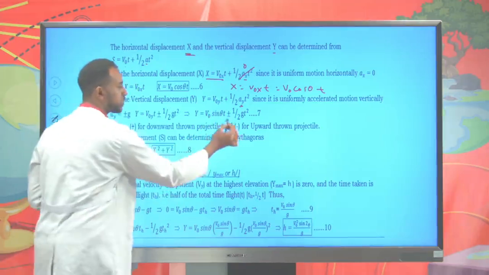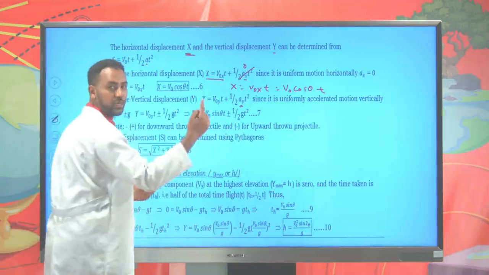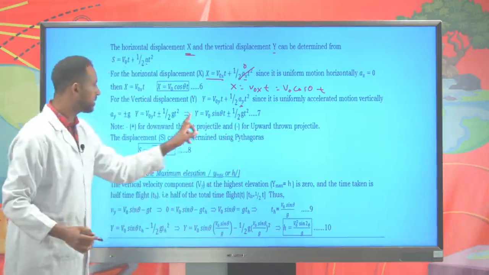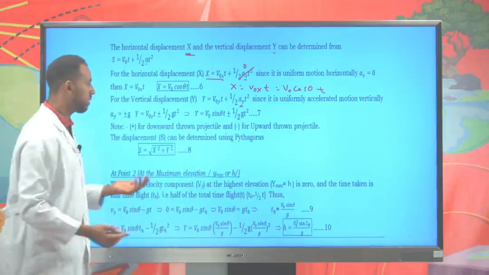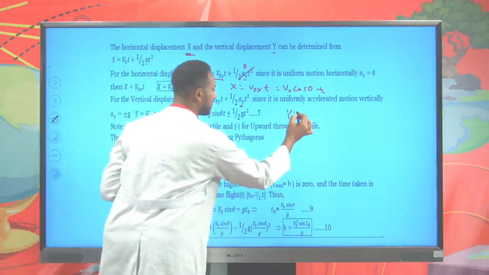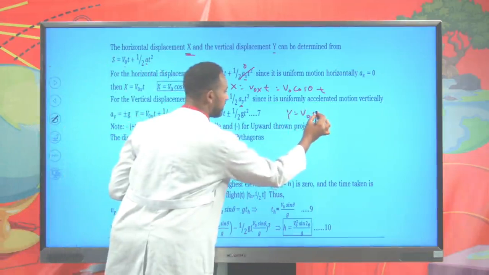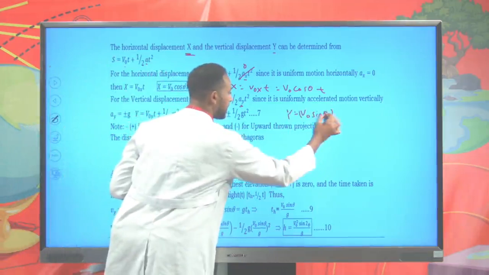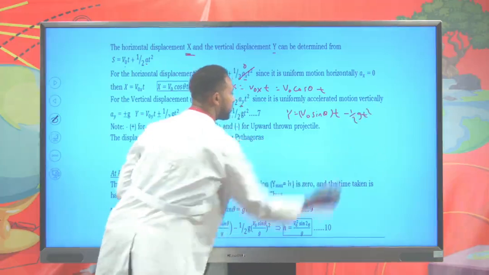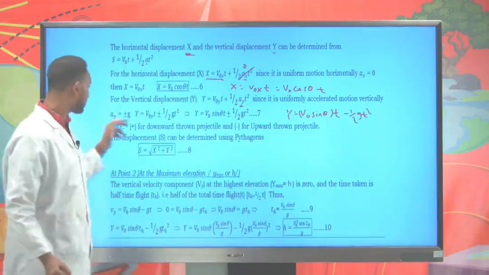So we use plus or minus. We have said that for upward use minus, for downward you can use plus. So y equals v naught sine theta t minus half g t squared.